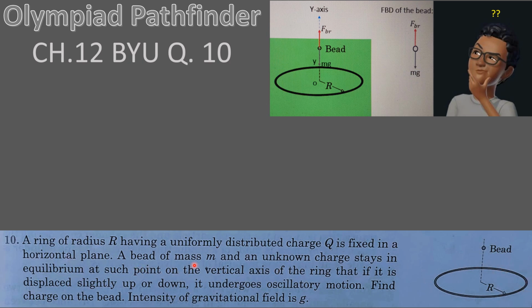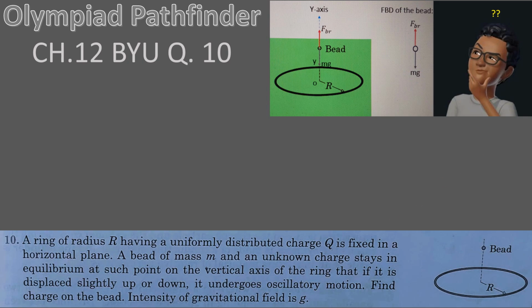A bead of mass m and an unknown charge stays in equilibrium at such a point on the vertical axis of the ring that if it is displaced slightly up or down, it undergoes oscillatory motion. So find the charge on the bead. The intensity of the gravitational field is to be taken as small g.